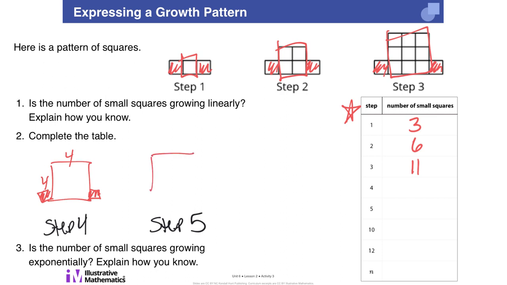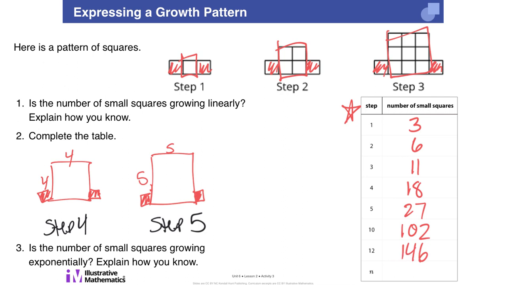Step 5, I'm going to have a square in the middle. That's a 5 by 5 square. And then I'm going to have these extra 2 squares off to the side. So now you've completed the rest of this table. Step 10, again, you would have that square in the middle, 10 by 10 square, it's 100, and then you add 2. And then step 12, you'd have that 12 by 12 square in the middle, which is 144, and then you would add 2 little squares.